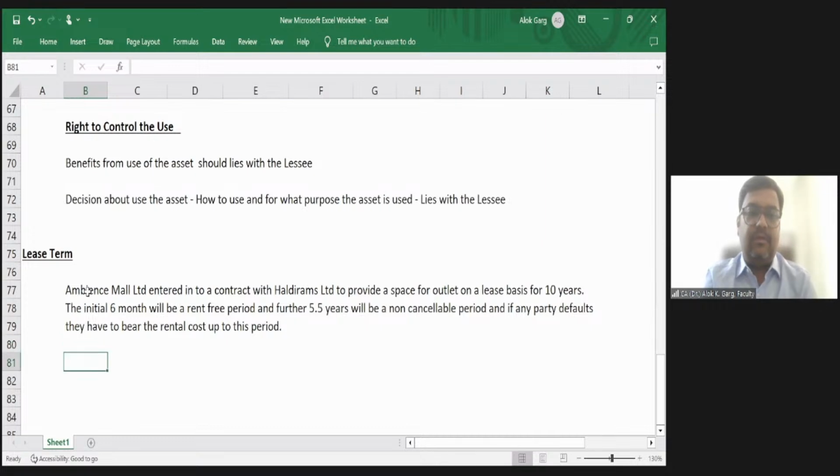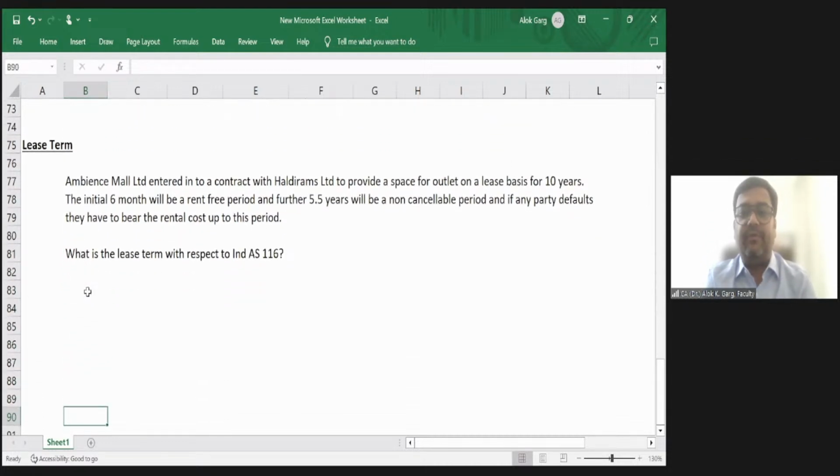Okay, what is the lease term with respect to Ind AS 116? Ind AS 116 says that lease term is equal to non-cancelable period plus rent-free period. What is my non-cancelable period in this case?